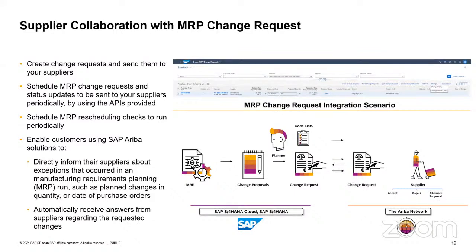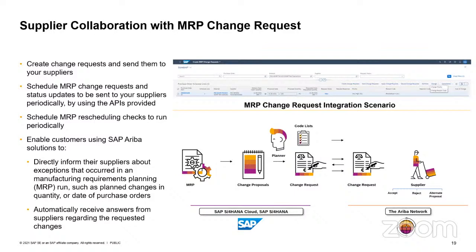When MRP runs at a very close frequency, it throws exception messages to advance the procurement proposal or change the quantity which you are going to procure, either from in-house production or from a vendor.